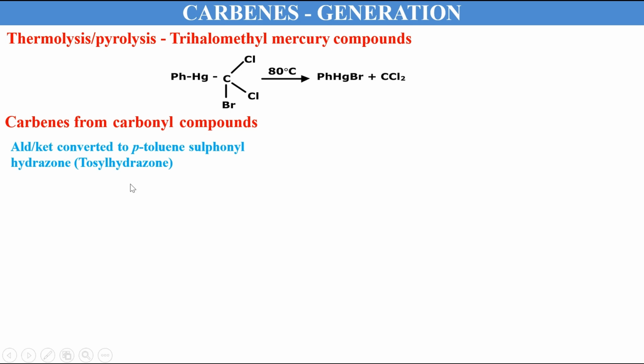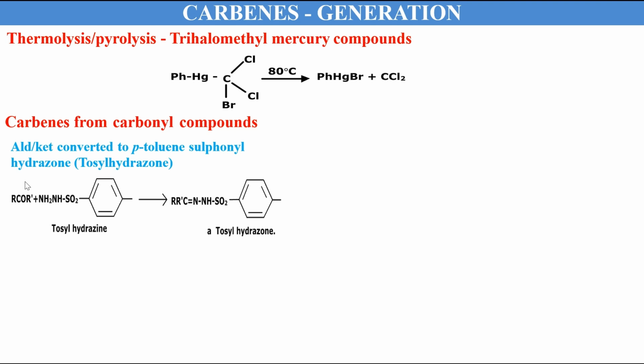Aldehydes and ketones can be converted into para-toluene sulfonyl hydrazones, or tosyl hydrazones. How can we do this? We take an aldehyde or a ketone and treat it with tosyl hydrazine. These two react together, lose a water molecule and form a hydrazone, R-C=N-NHSO2C6H4CH3.